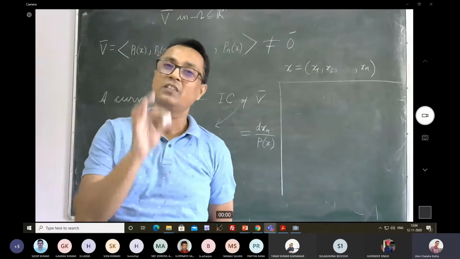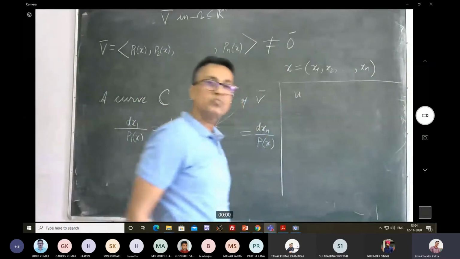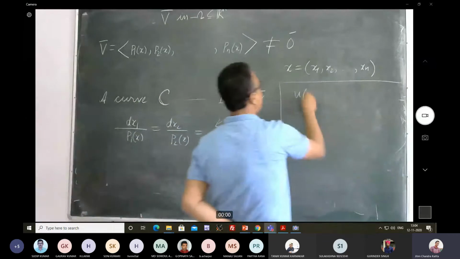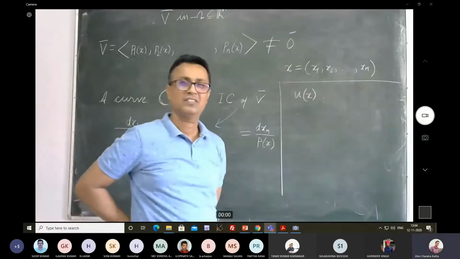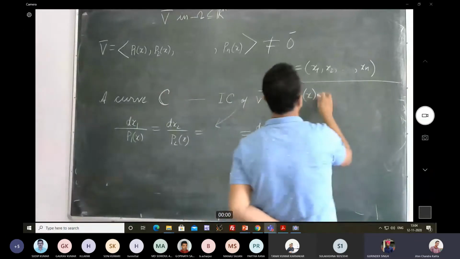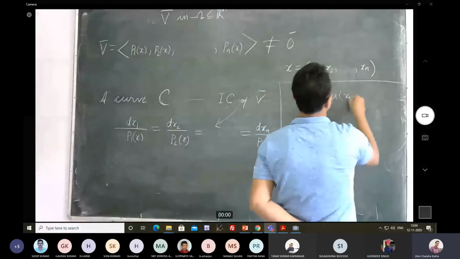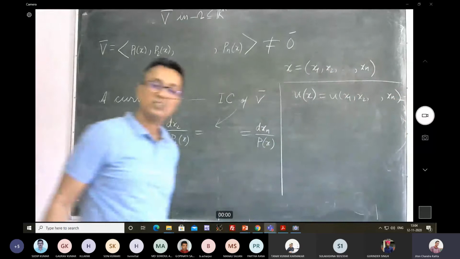So then the first integral u is going to be a function of x, isn't it? Right? So basically, this is simply x1, x2 up to xn, right?